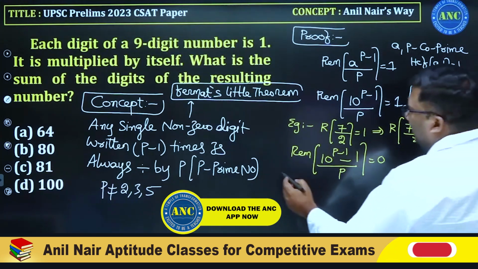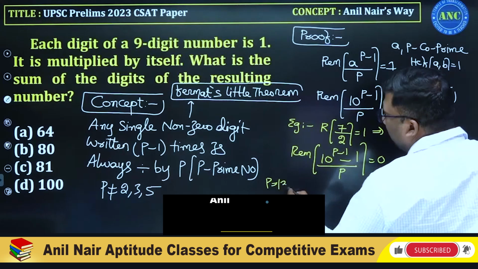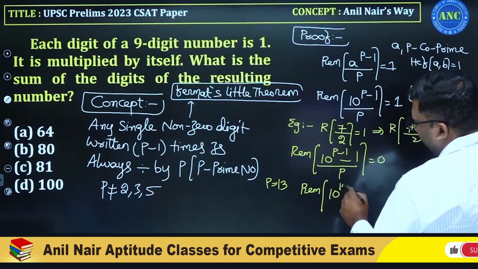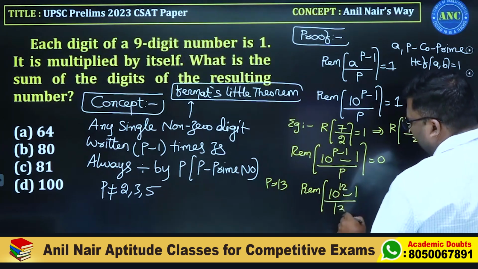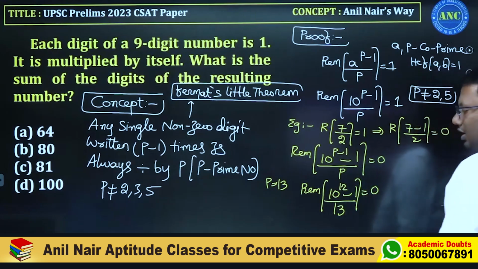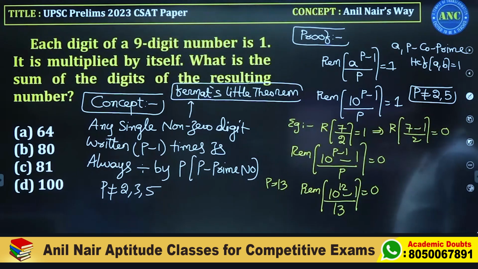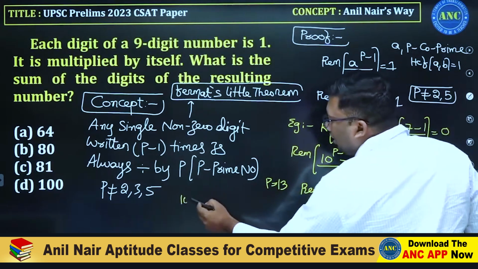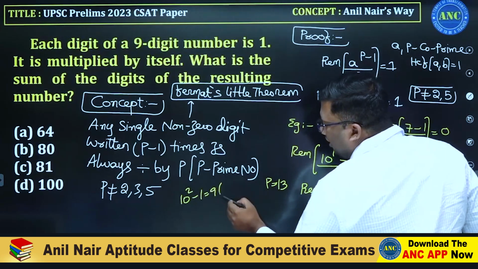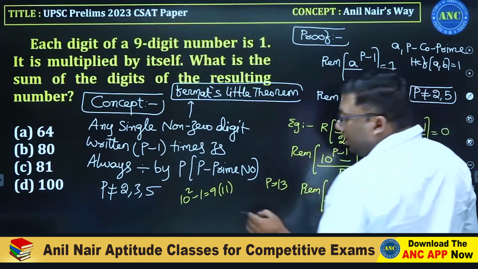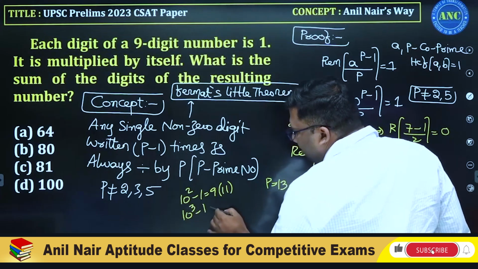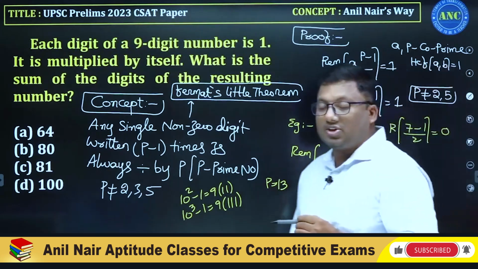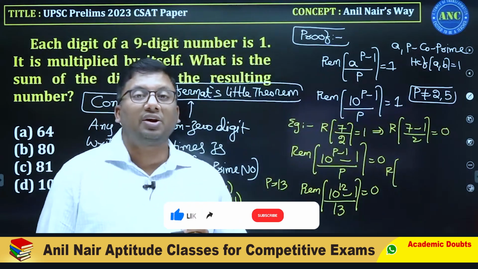That means if I keep p as 13, because the question is related to 13, this will become 10 power 12 minus 1 divided by 13, it is equivalent to 0. 10 square minus 1 can be written as 99, that is 9 into 11. 10 cube minus 1 can be written as 9 into 111. 10 square minus 1 is 9 into 2 ones.